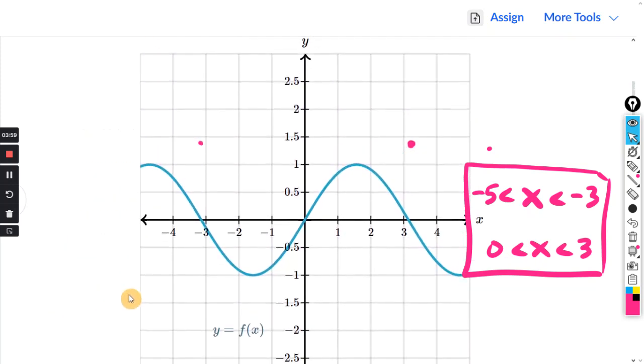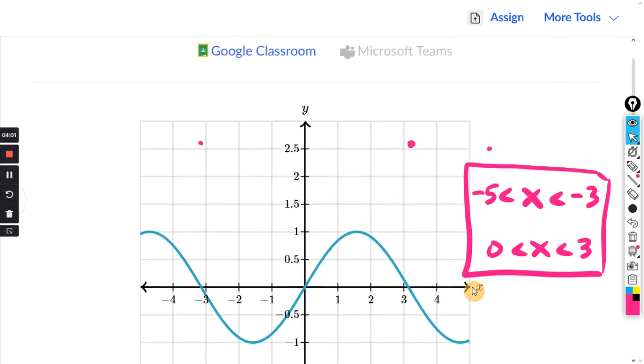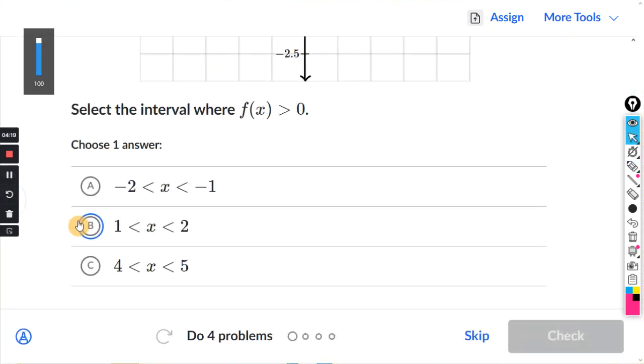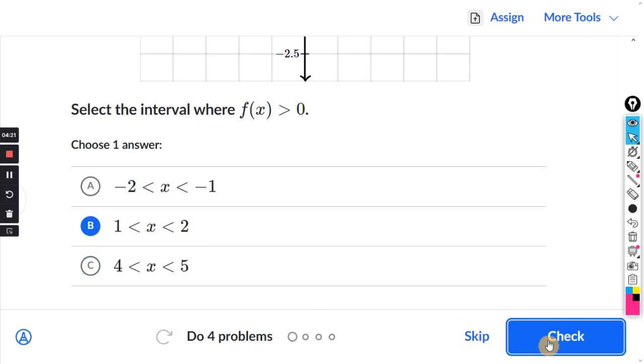Here is the x-axis. Here's 2. Here's 1. We can clearly see the graph in this section is above the x-axis. The graph is clearly positive in that section. So answer B.